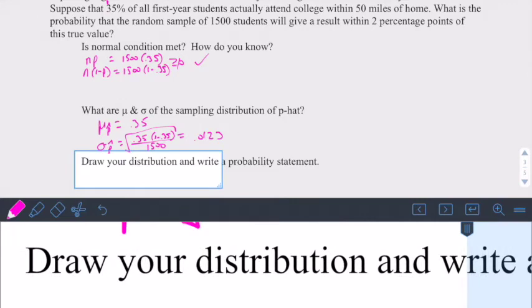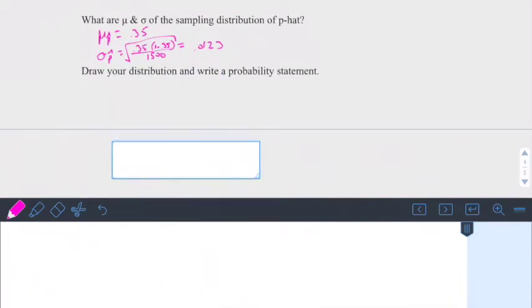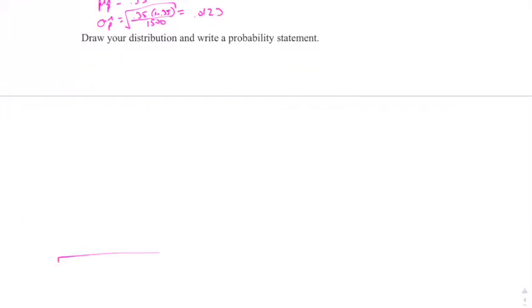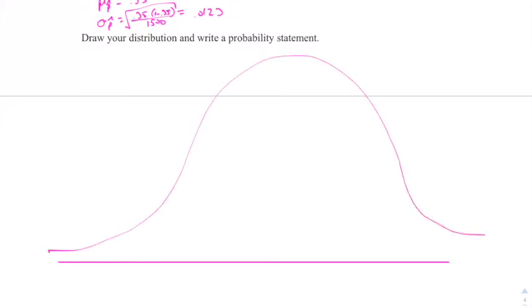Draw your distribution and write a probability statement. So remember drawing normal distributions? Doesn't have to be perfect.